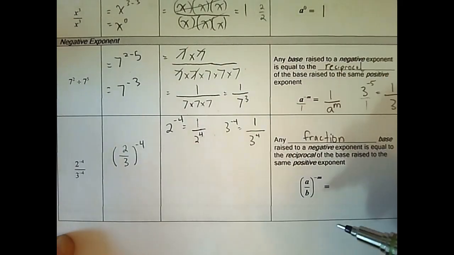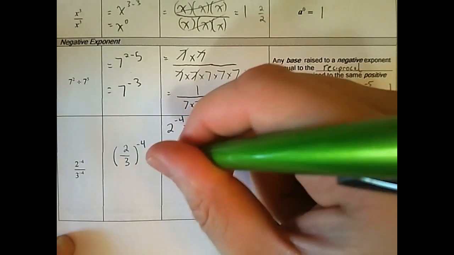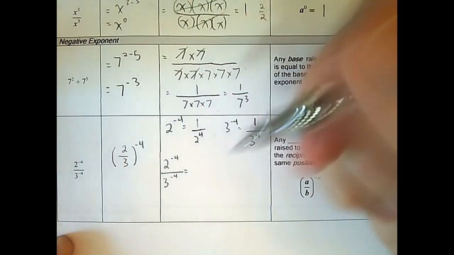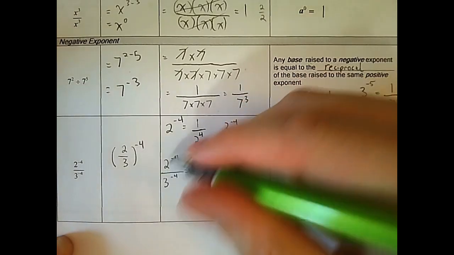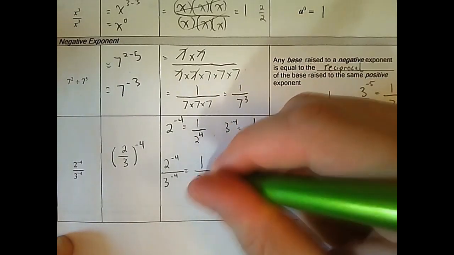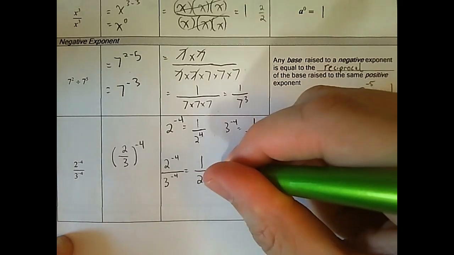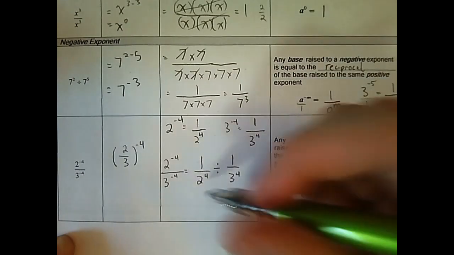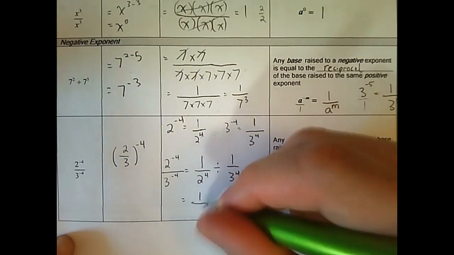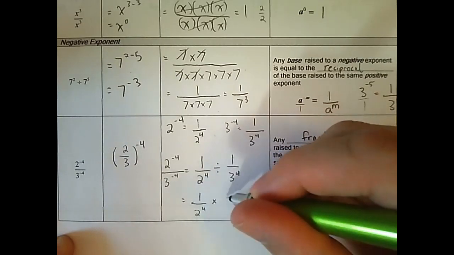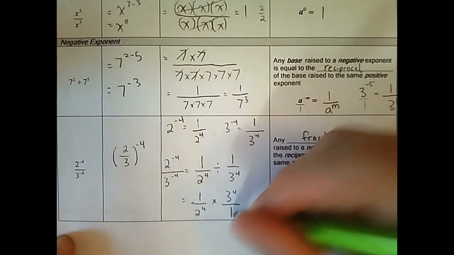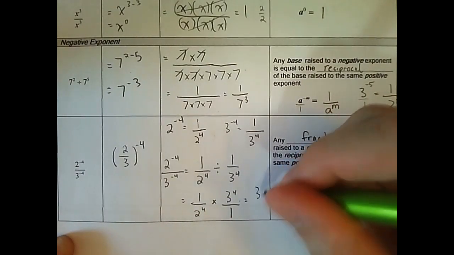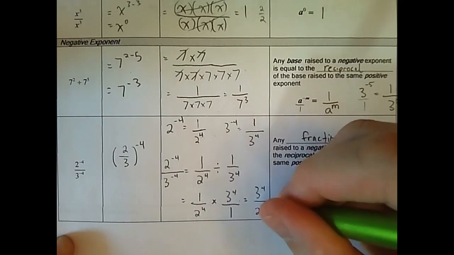So then if I'm dividing these two, 2 over 3 to the power of negative 4, that's the same as dividing this by this, which, when I do division of fractions, I end up flipping this and changing the sign to multiplication, and I'm left with 3 to the power of 4 over 2 to the power of 4.